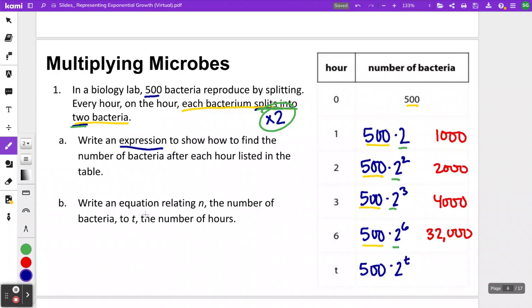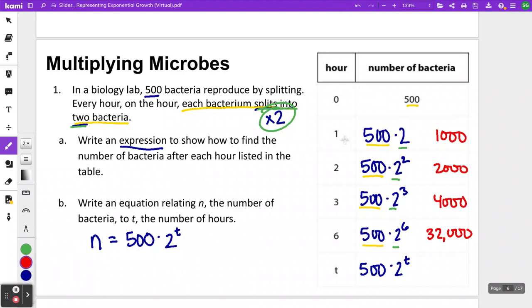So if I wanted to write an equation relating n, which is going to be our number of bacteria, to t, the number of hours, I can say the number of bacteria will be equal to 500 times 2 to the t power. This equation should work for any of these answers in our table.